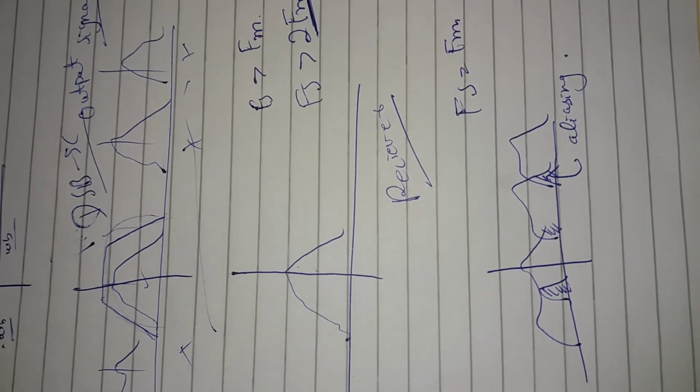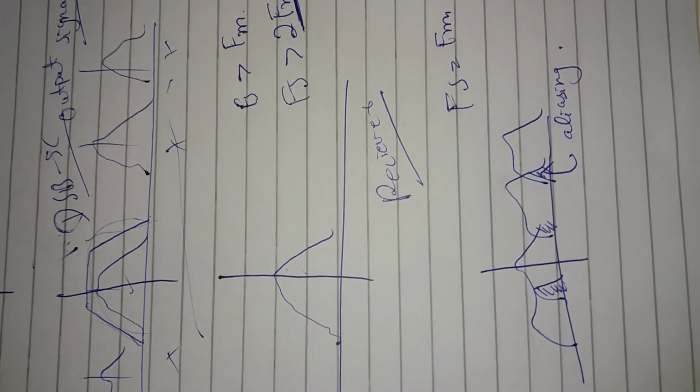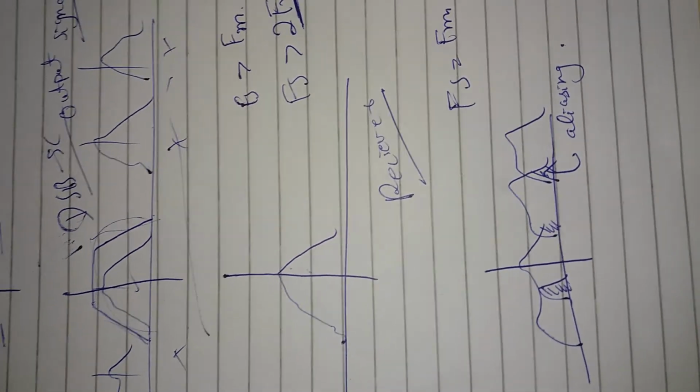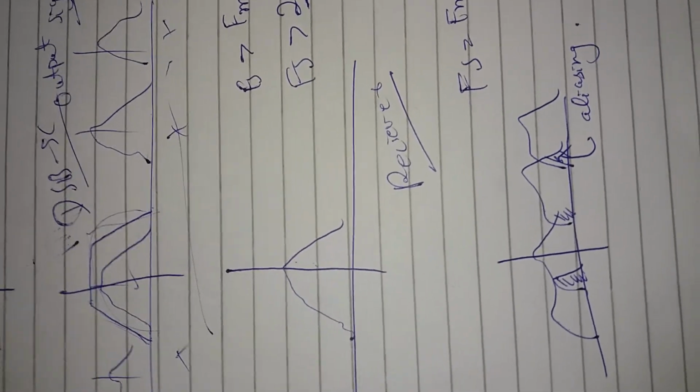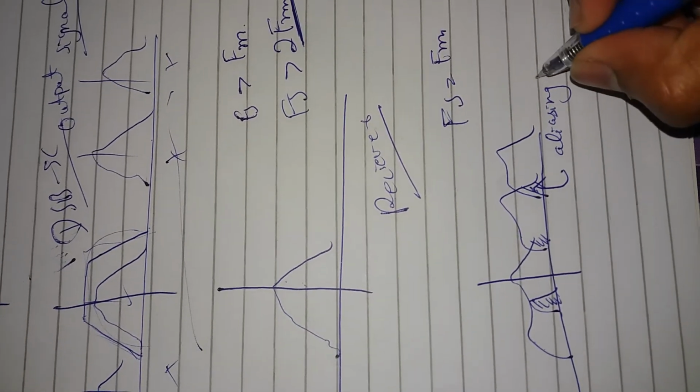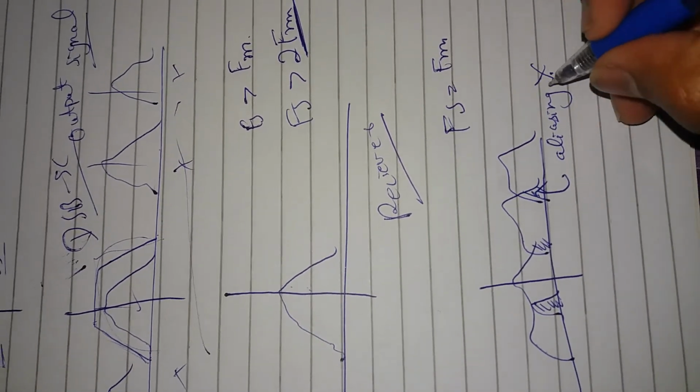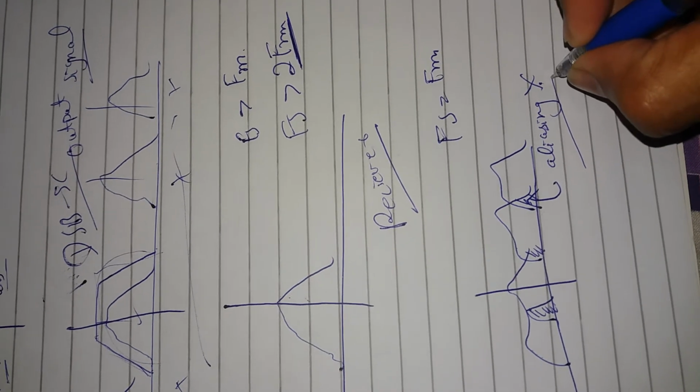Aliasing smoothens the frames, and we don't want that. Just take it that we don't want aliasing at all.